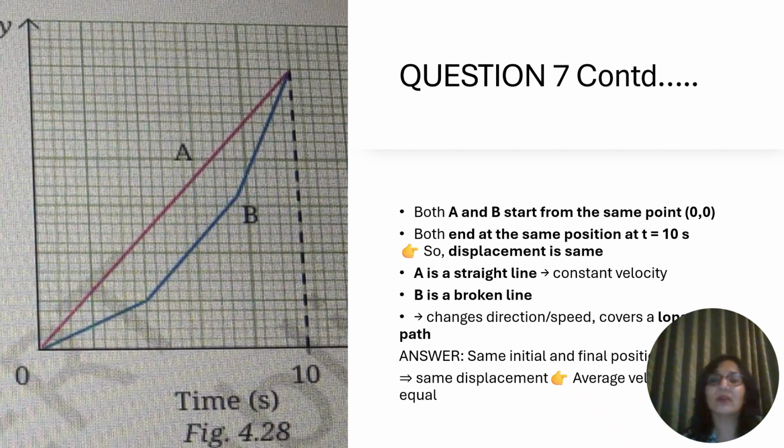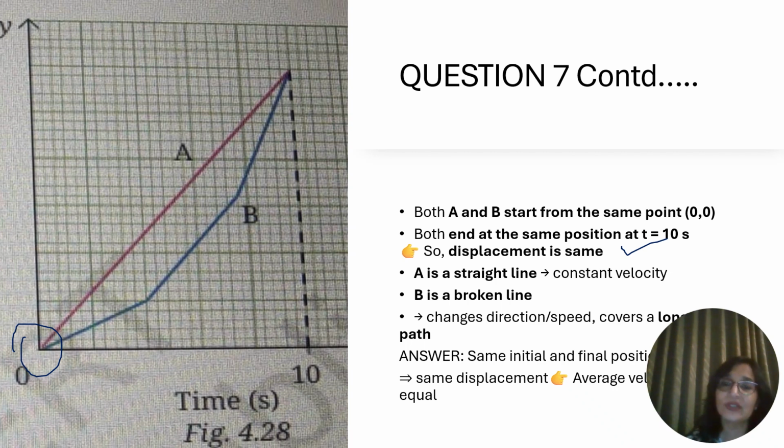Now if you look at the graph, you'll find that both A and B start from the same point, 0 and 0, which is the origin. Both end at the same position at time 10 seconds, if you see here the line and the dotted line as well. So what do we conclude here? That displacement is the same.